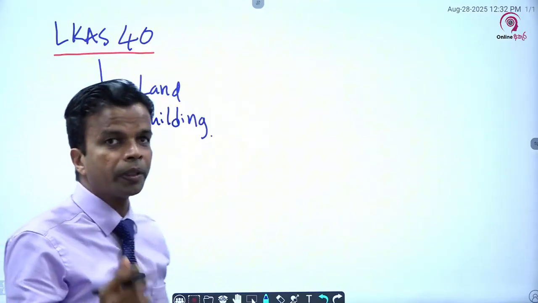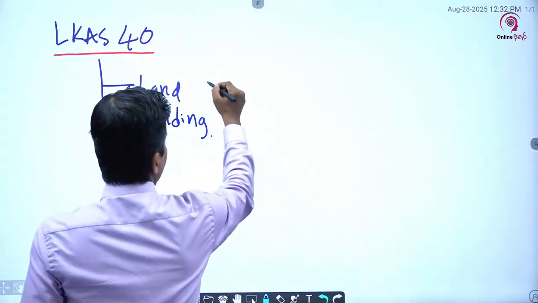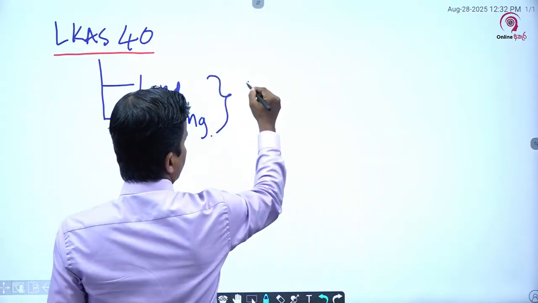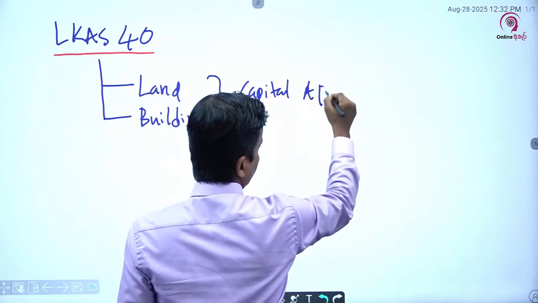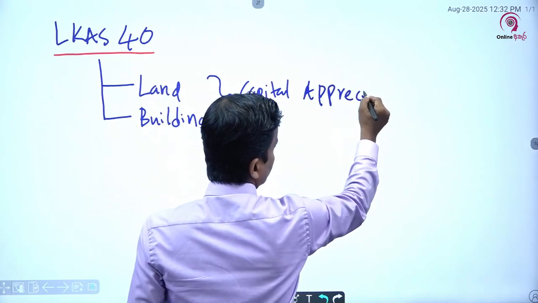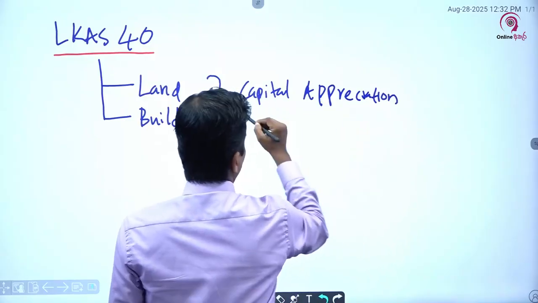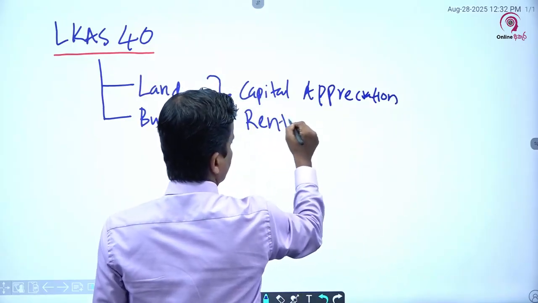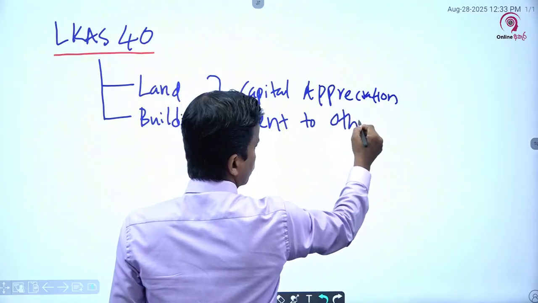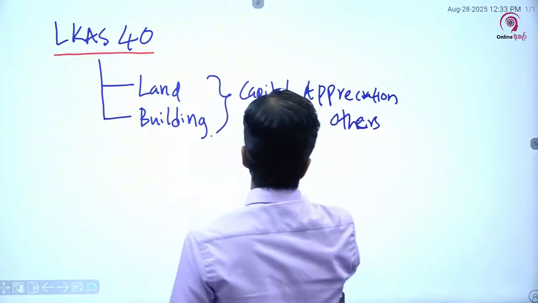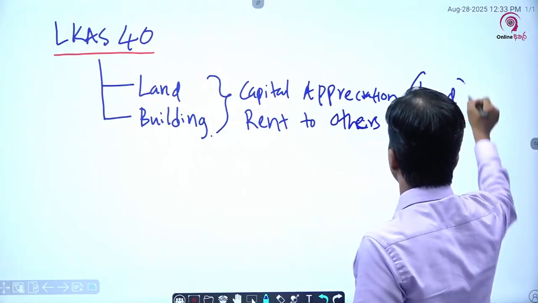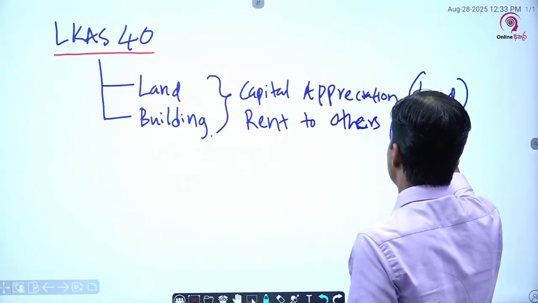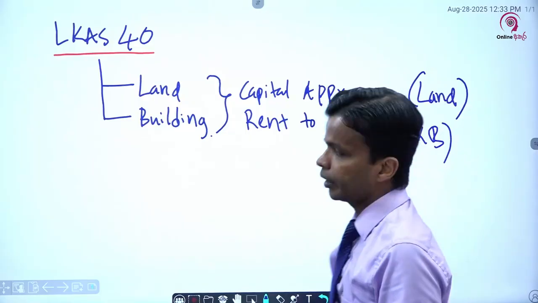So investment properties are land and building which you keep for capital appreciation or rent to others. Of course, capital appreciation is only relevant for land; renting to others applies to both land and building, right?